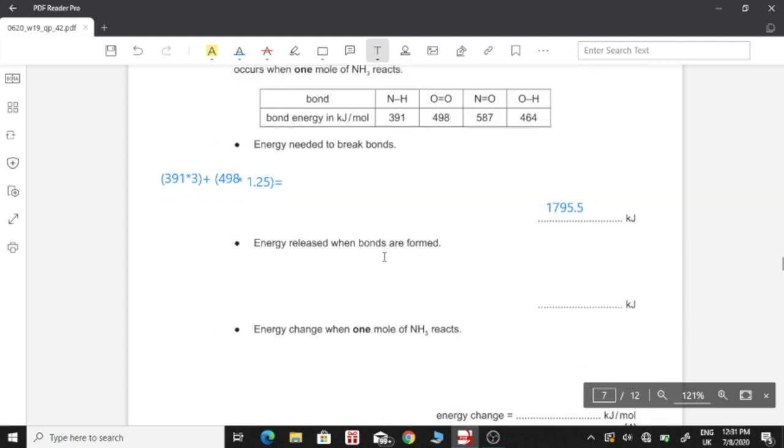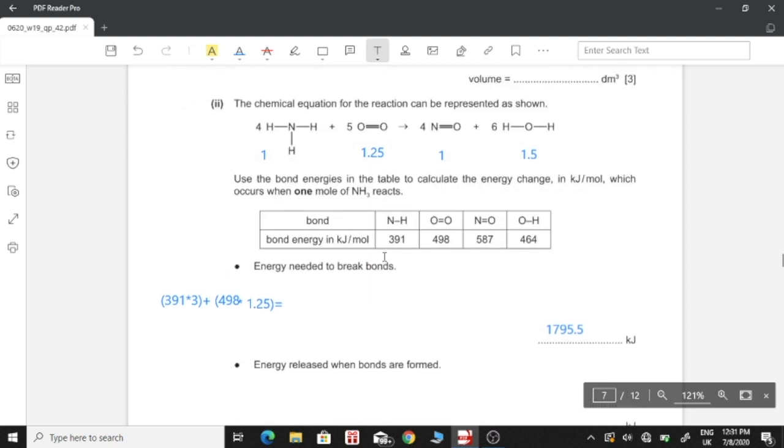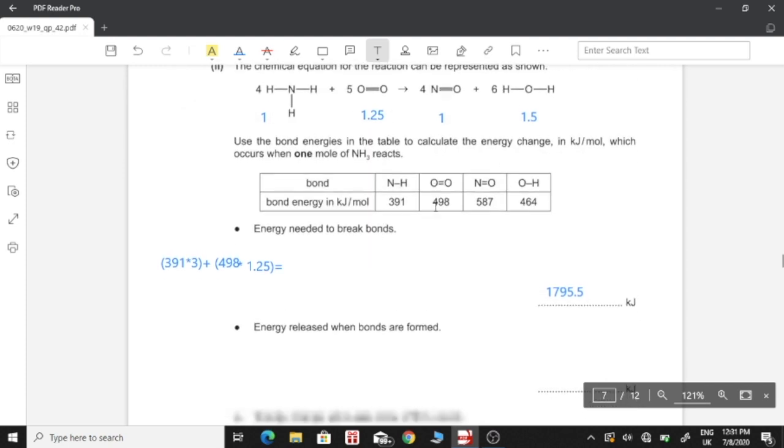Now energy released when bonds are formed, this is the energy released on the product hand side. So we have only 1 mole of nitrogen monoxide, and this has the energy of 587. So we add 587 with the energy of 1.5 moles of water. So here we have 2 bonds between hydrogen and oxygen.